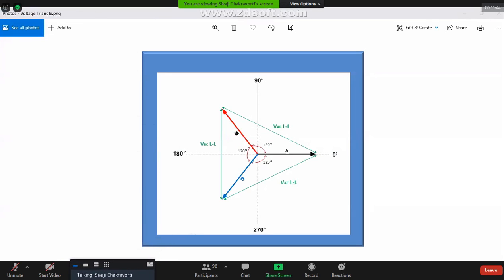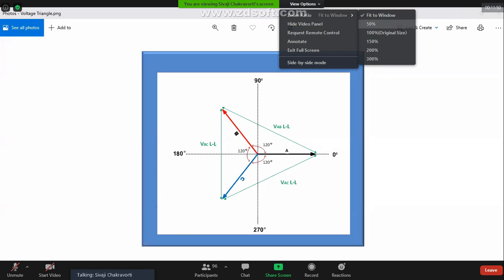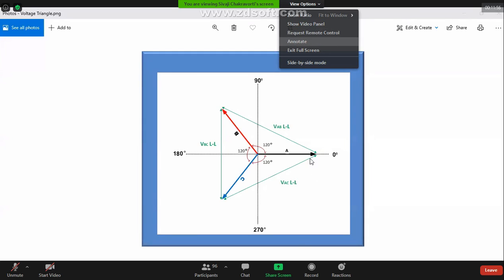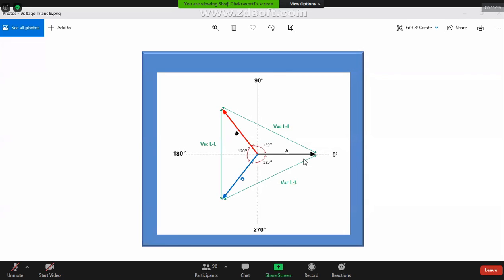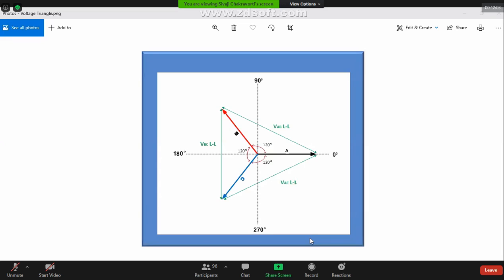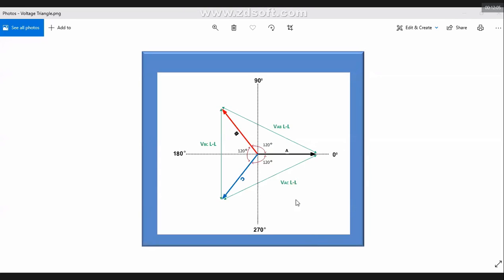There is a phase angle difference between line voltage and the phase voltage. And typically the line voltage leads the phase voltage by 30 degrees. That means if you take the line voltage AB and the phase voltage A, then line voltage AB will lead the phase voltage A by 30 degrees.